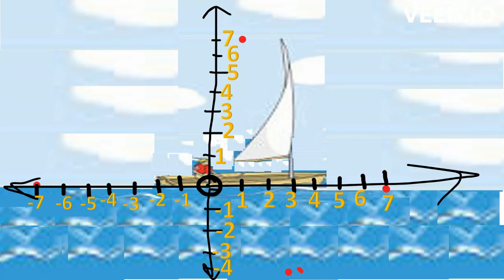To go to a point here, he needs to move forward 3 units, 3 points, and then he can go downward 4 units.